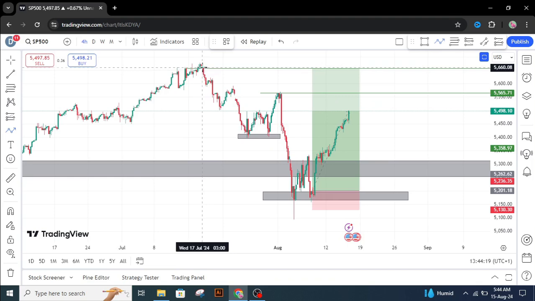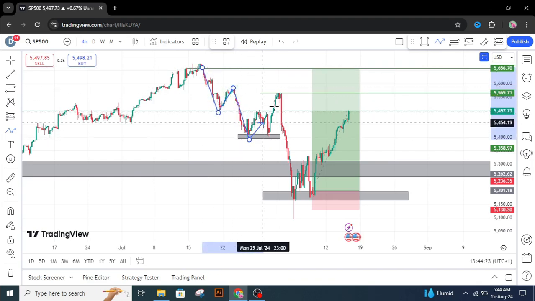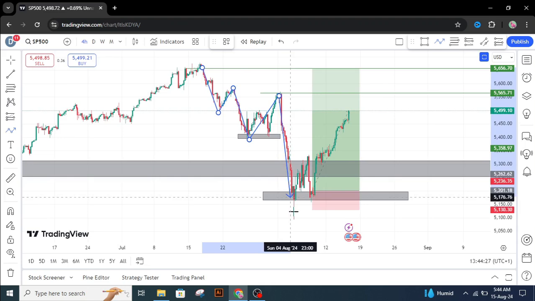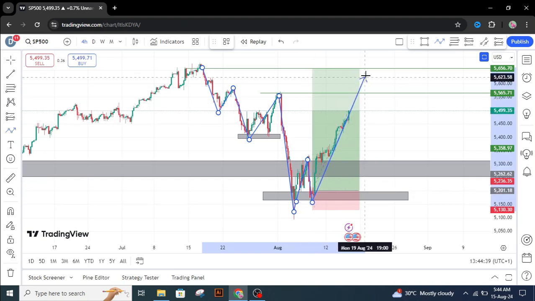Take for example, after this lower low, lower high, lower low, lower high, lower low, then you have this lower high, then the same low before we have a push to the upside.